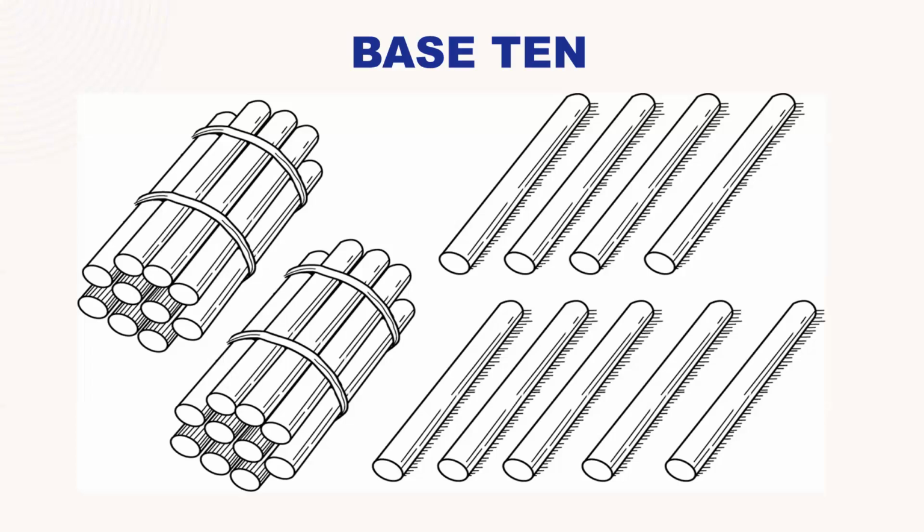Once it's 2 digits, the first one is always how many bundles you have, and the second one is always telling you how many singles you have. Do you understand? So in this case, we have 29 base 10 because we have 2 bundles and 9 singles.